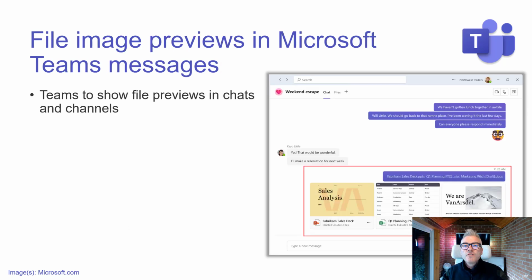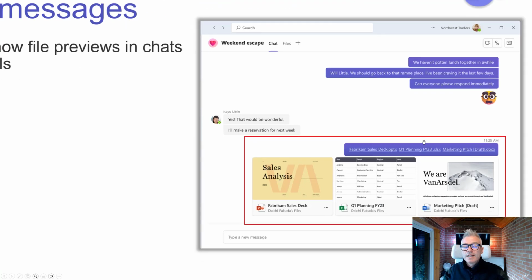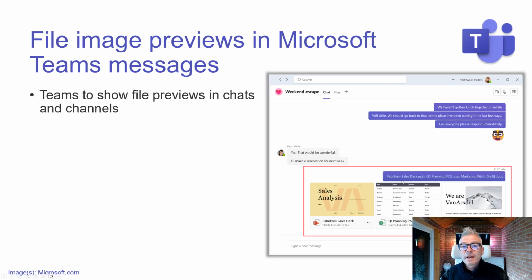File image previews in Microsoft Teams messages. Look at the screen here. Maybe someone has shared some files with me, and to save me having to go in and look or see whether it matters to me, at a glance I'm going to be able to see what's in there, and I can open the ones that really matter to me.